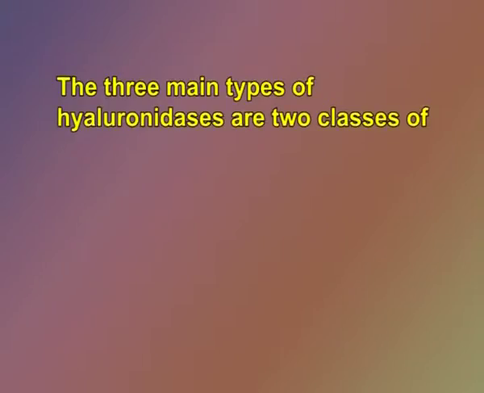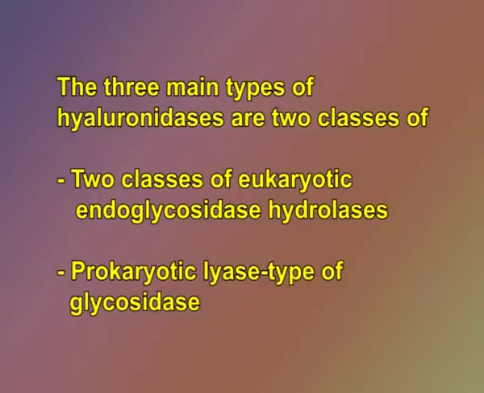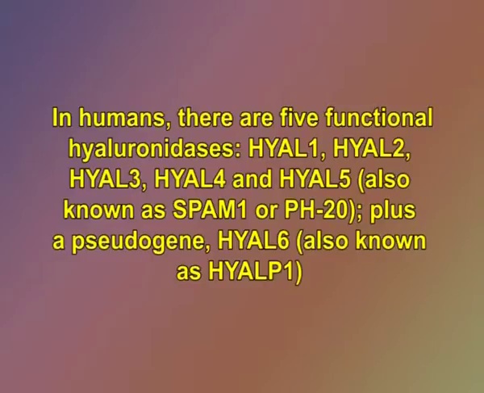The three main types of hyaluronidase are two classes of eukaryotic endoglycosidase hydrolases and a prokaryotic lyase type of glycosidase. In humans, there are 5 functional hyaluronidases: HYAL1, HYAL2, HYAL3, HYAL4 and last is HYAL5, also known as SPAM1 or PH20, plus a pseudogene HYAL6, also known as HYALP1.